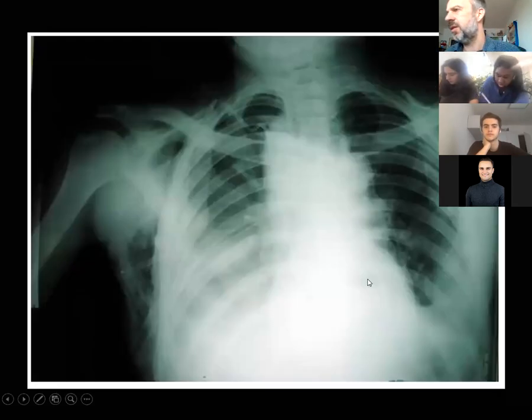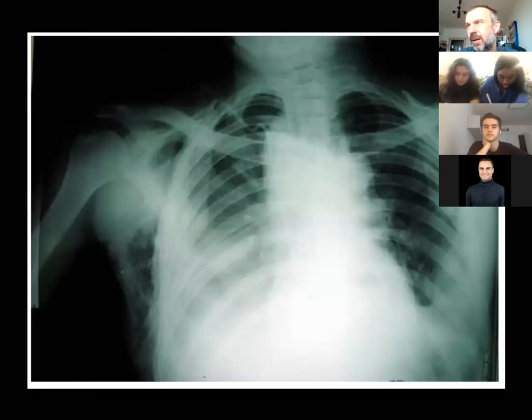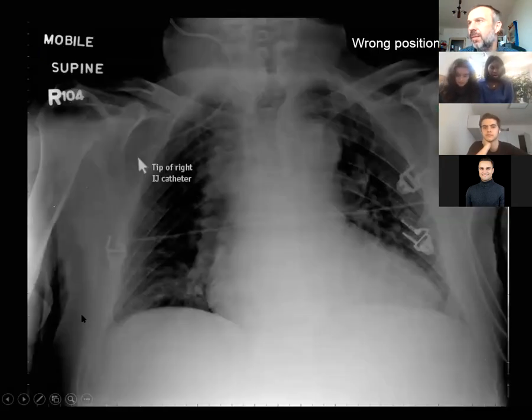And here you see another case. Not so nice, but still nicely visible how the catheter runs inside the right atrium. But if you come to this one, you can see the difference.